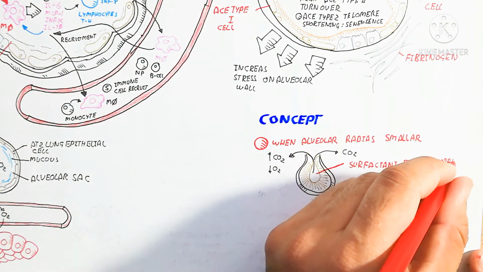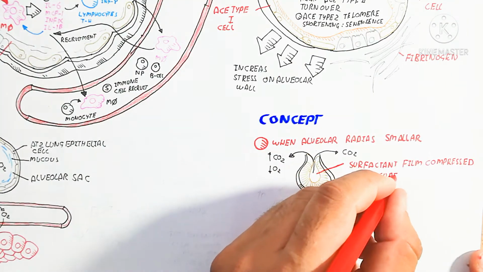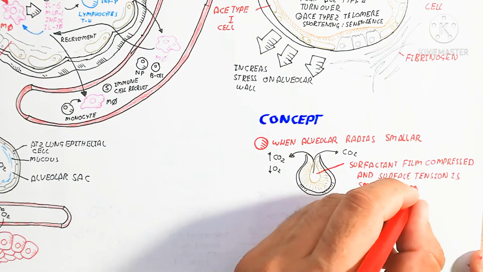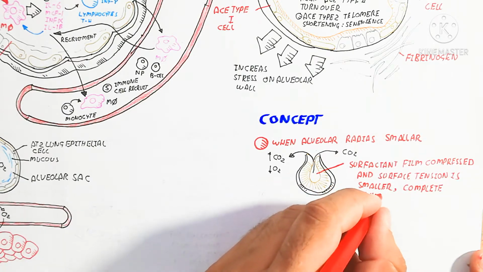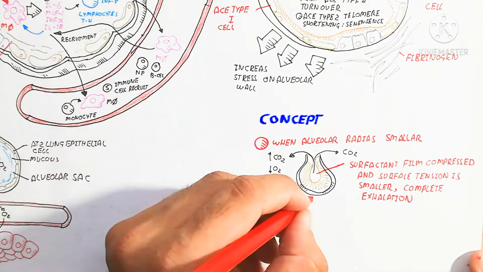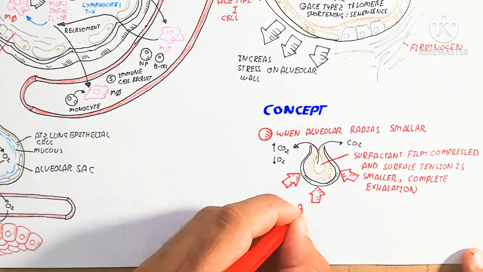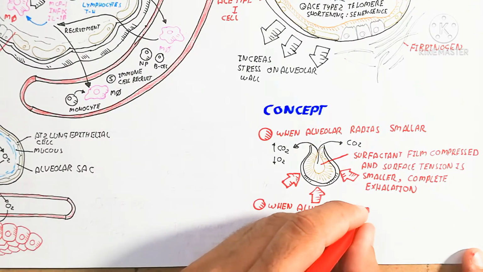When the alveolar radius is smaller, we will discuss the concept. The alveolar radius will be smaller, which means breathing out. It means the carbon dioxide and some oxygen molecules will be breathed out completely due to the surfactant.